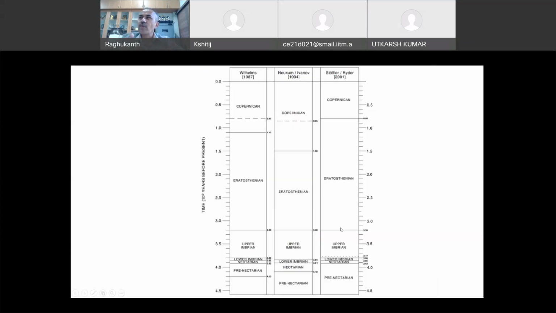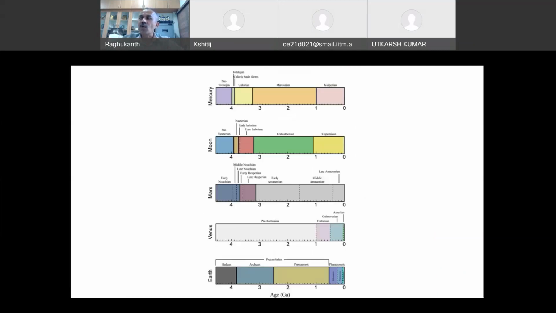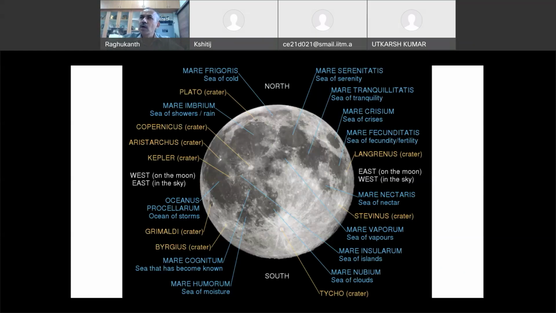Here we don't have information like on Earth, where you have fossils. A lot of information is not there for other planets, but for the Moon or Mars, it's just based on the craters itself. I will explain how they do these things also. Based on this, they divide the major geological periods on the Moon also.